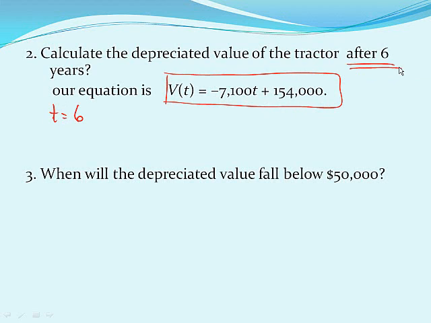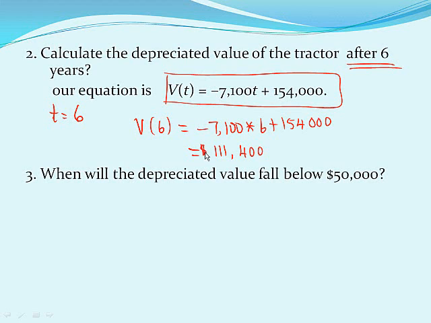So I can calculate the value corresponding to t equal to 6, which is V(6) equals negative 7,100 multiplied by 6 plus 154,000. When we simplify this, we will get $111,400. So that is the value after 6 years.